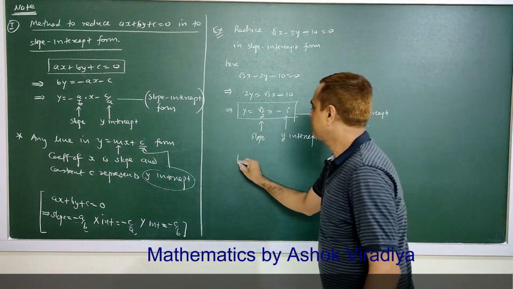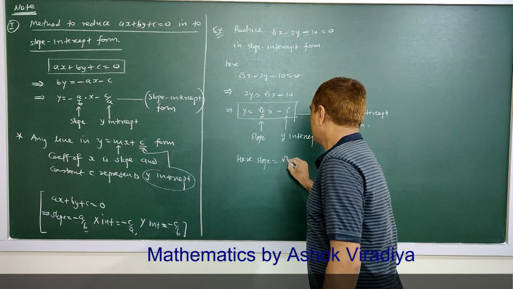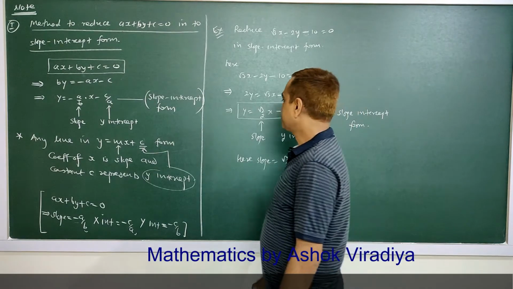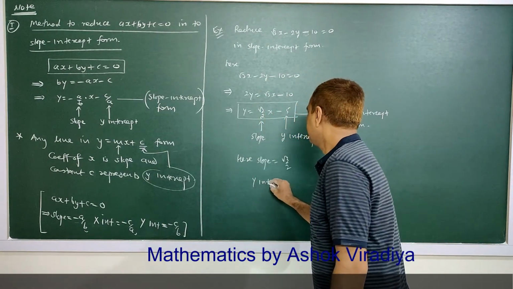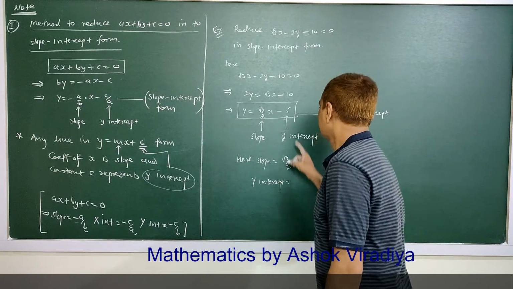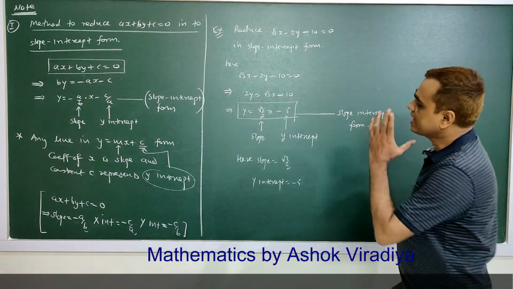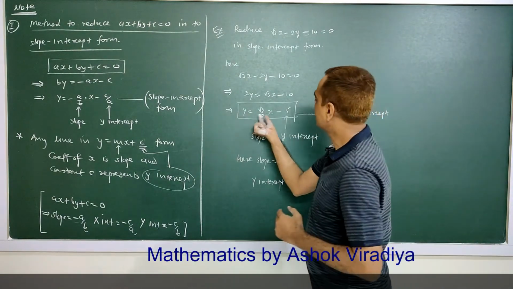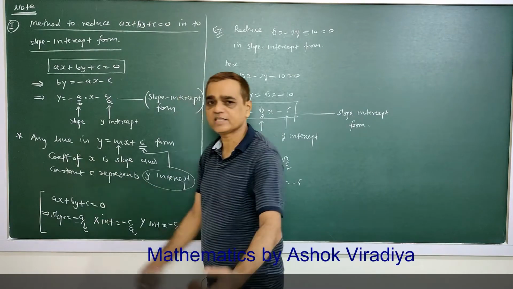So here the slope of this line is root 3 by 2, that is the coefficient of x, and the y-intercept is minus 5. So whenever any equation is given in y equal to mx plus c, directly you can say the coefficient of x is its slope.